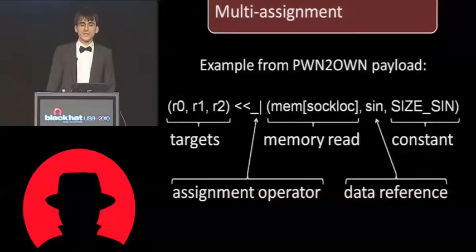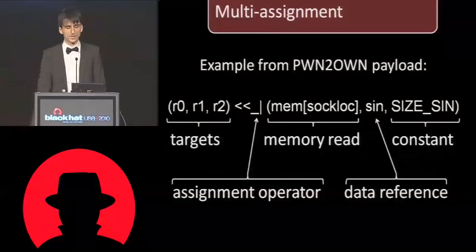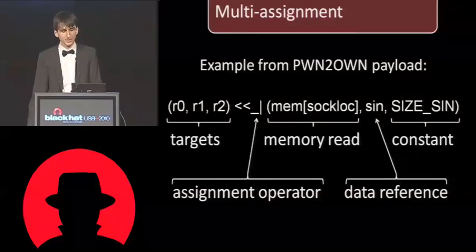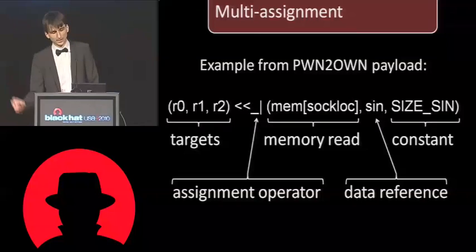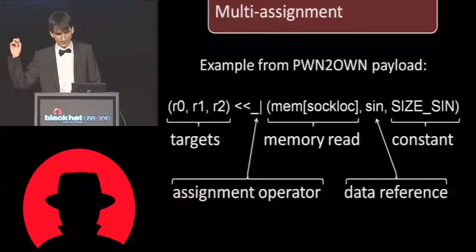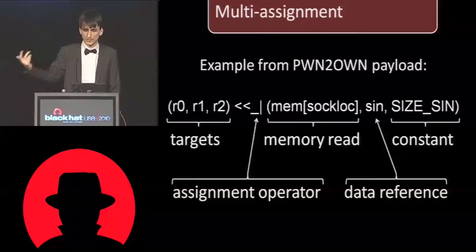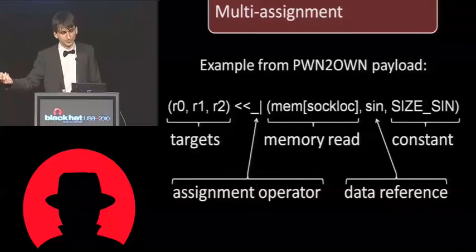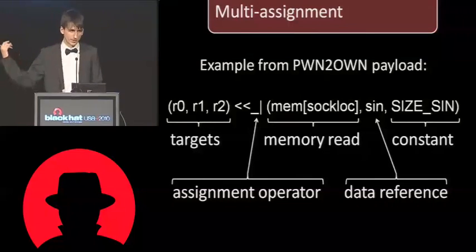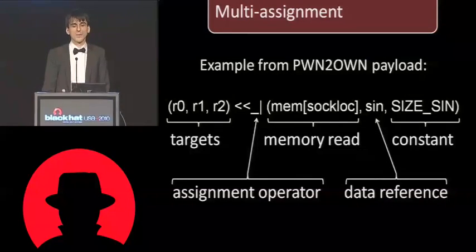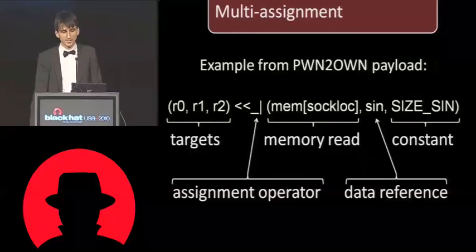So what you do there is you have 3 target registers, R0 to R2, that will be assigned to first, well, basically a star pointer. So you do a memory read here. So you read the memory at the address socklock, which was where you previously stored a file descriptor for the socket that you opened.